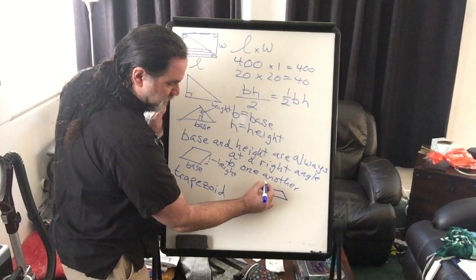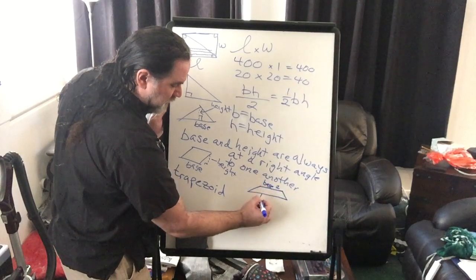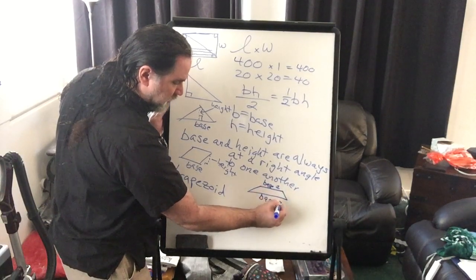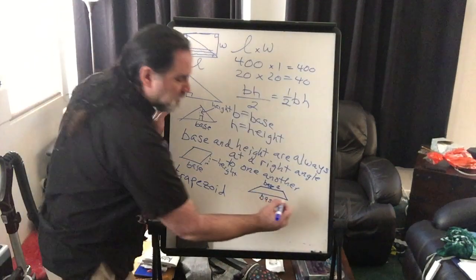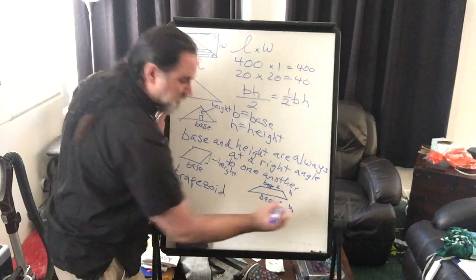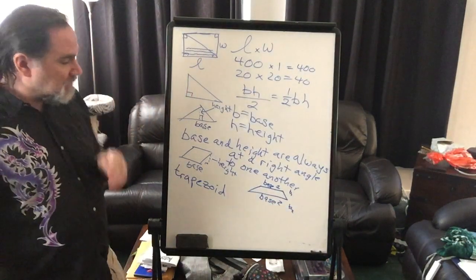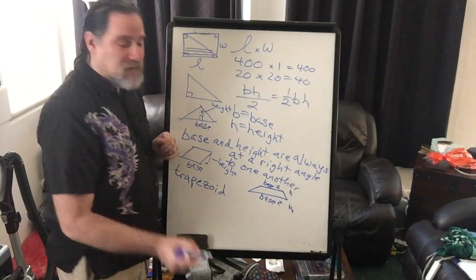So these two sides, this becomes base number 1, and this becomes base number 2. Okay, and we'll indicate that with a little lowercase. So this will be our b sub 1, this will be our b sub 2. And again, just like in the triangle, just like in the rectangle, I need a right angle.